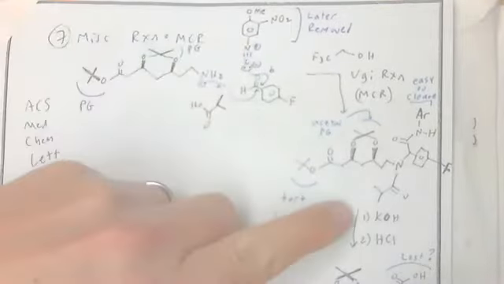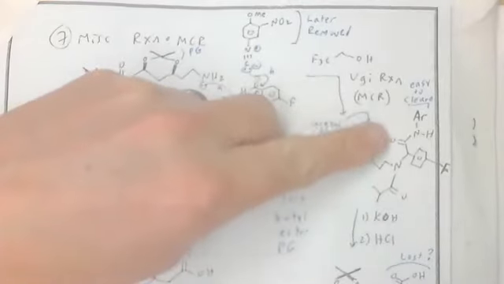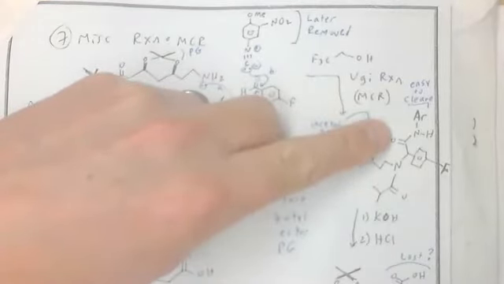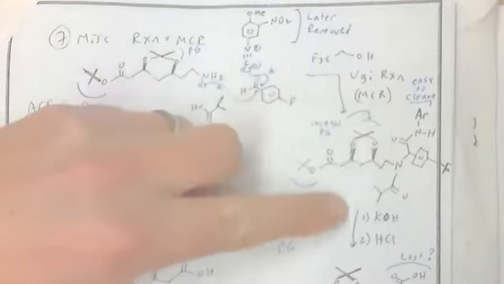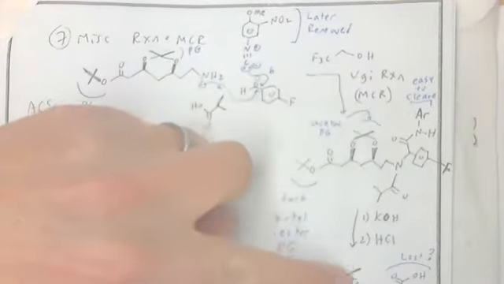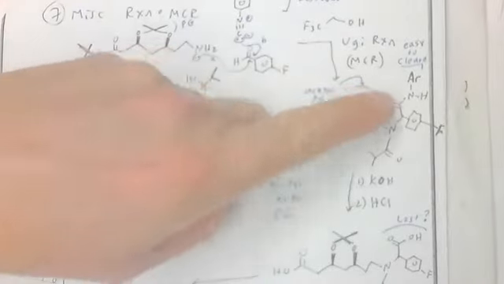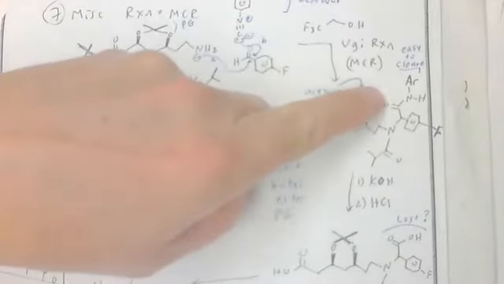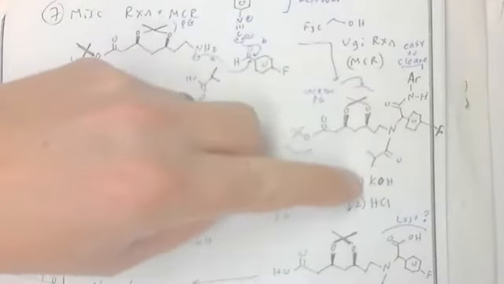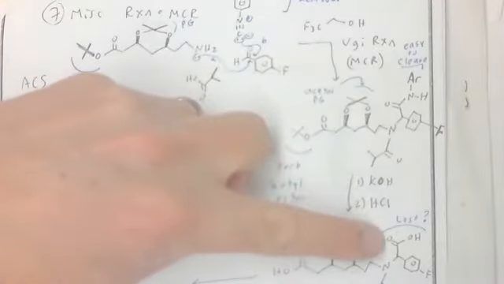That turns into this, right? And then it's ultimately lost with KOH to make, well, when I say it was hydrolyzed here, KOH hydrolyzes the amide to make a carboxylic acid.